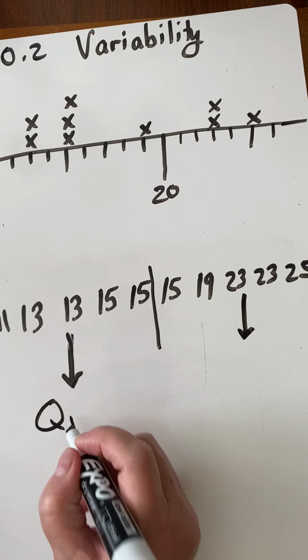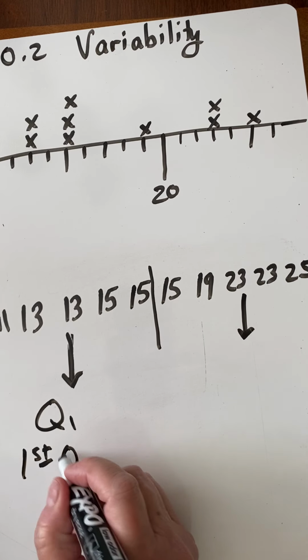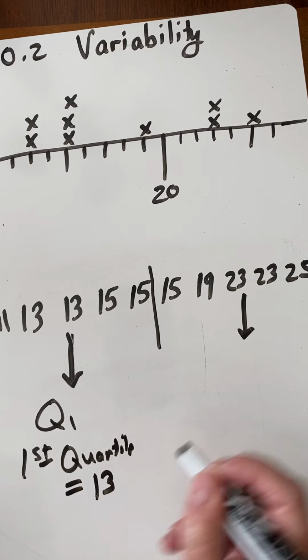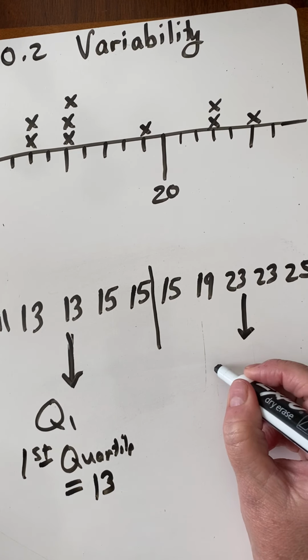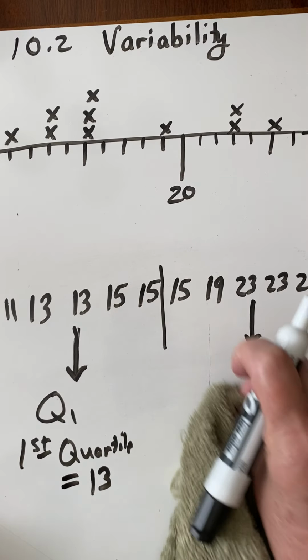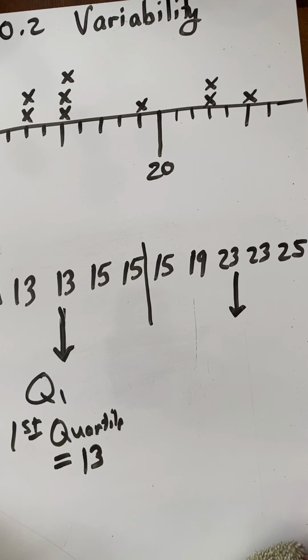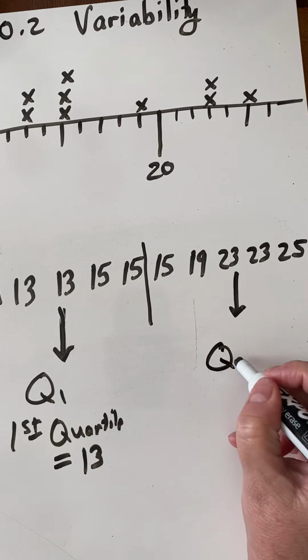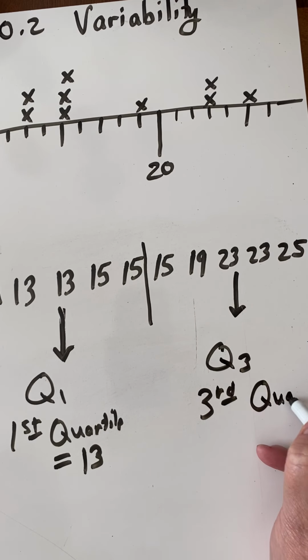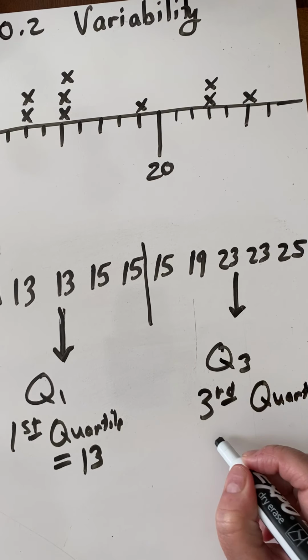I call this my Q1, or my first quartile, and that's going to be a 13. This is my third quartile, Q3, and that ends up being a 23.